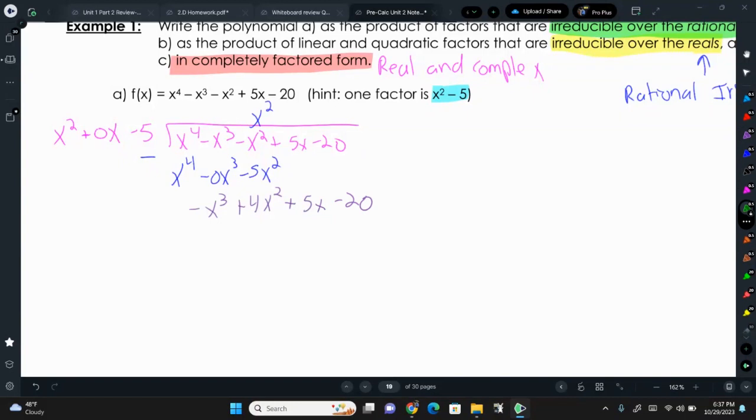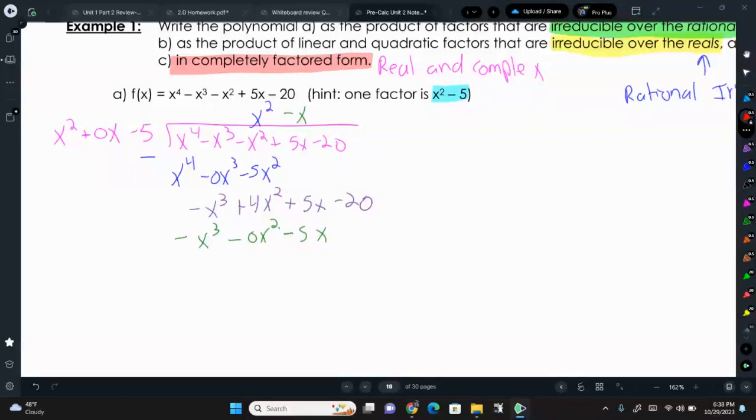x squared goes into negative x to the third, negative x times. Negative x times x squared is negative x to the third. Negative x times 0 is 0x squared, or minus 0, it doesn't matter. Negative x times negative 5 is negative 5x.